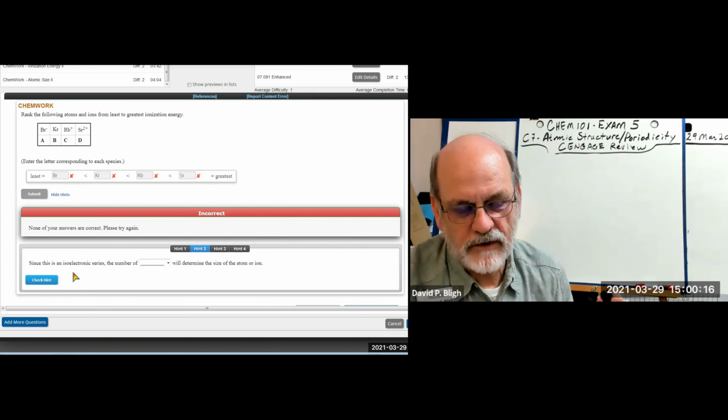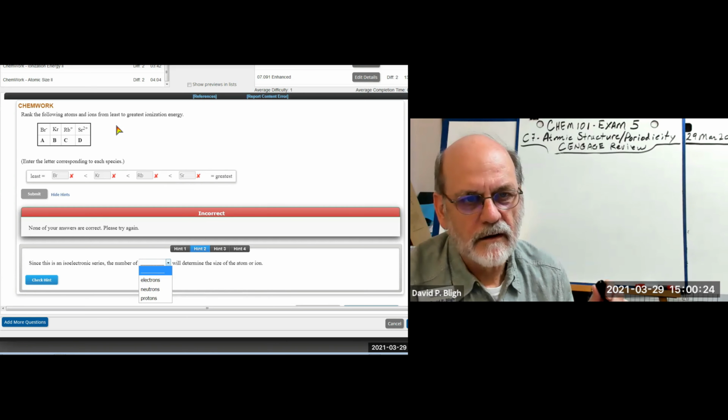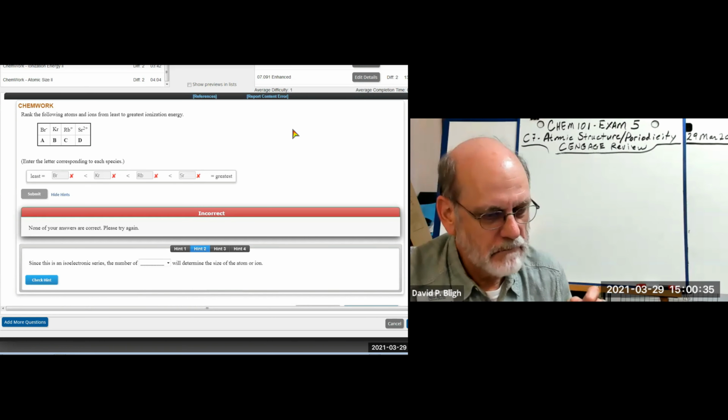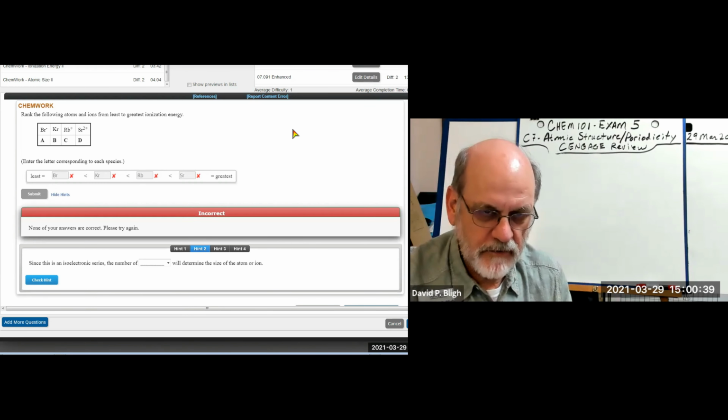Since this is an isoelectronic series, the number of protons will determine the size of the atom. I don't get it. I don't see where I went wrong. The ionization energy should be increasing from lower left to upper right.